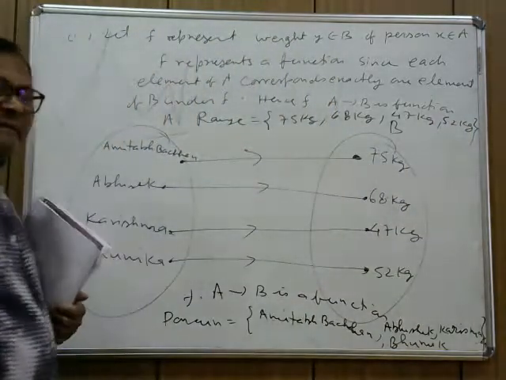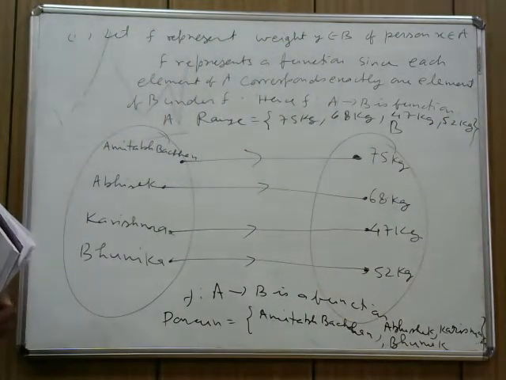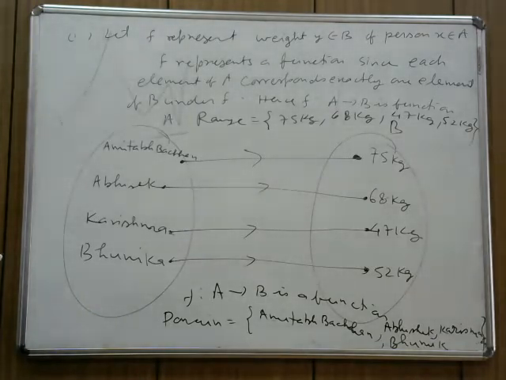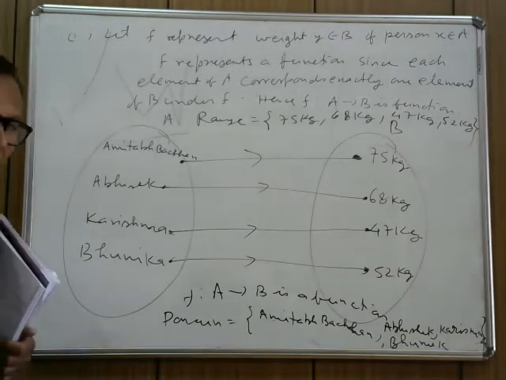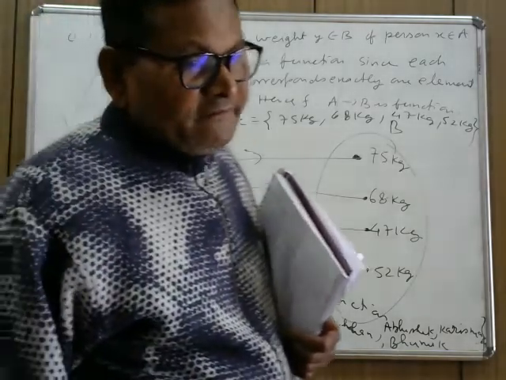Now in this case, you know that the range is the subset of B containing the image elements of A. In that case, that subset covers the whole set B, so the range and codomain of this function are both the same in this example. Now, the remaining thing I will discuss next day. Thank you.